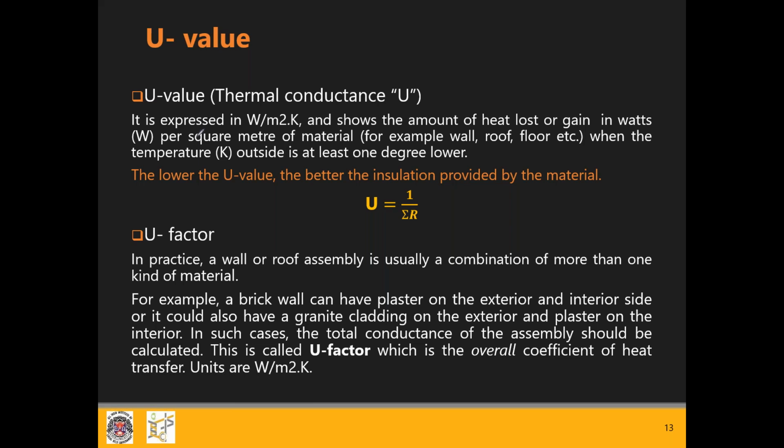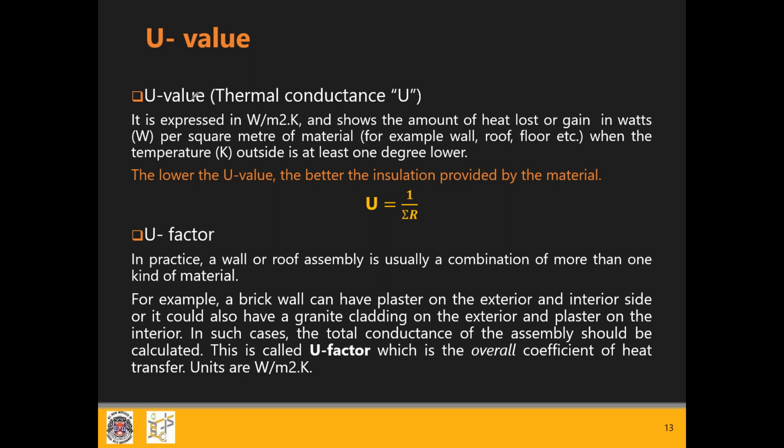So just like R value, if I have a higher R value, that means I have a good building envelope. As U value is the reciprocal, that means the lower the U value, the better my building envelope. Now, just a very small difference.